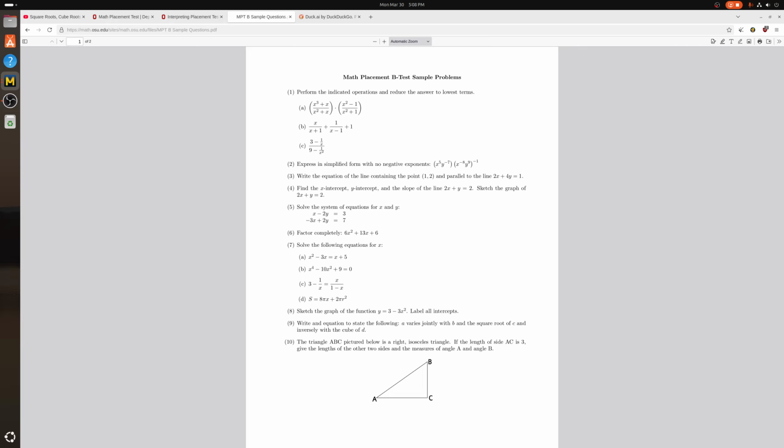Negative 6, negative 7. No, negative 6, and that does not make sense at all. But now how do you get 6x squared? To get positive 6x squared, you have to have two x's, right? And then a coefficient.